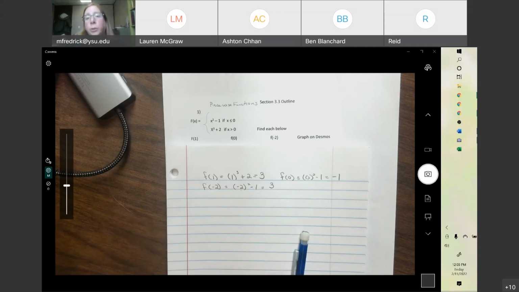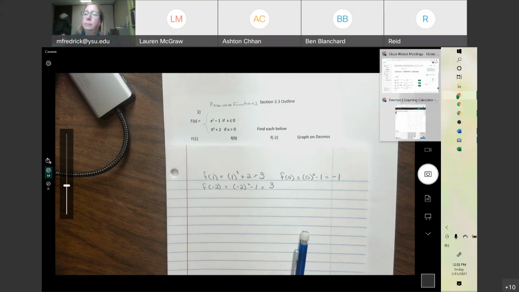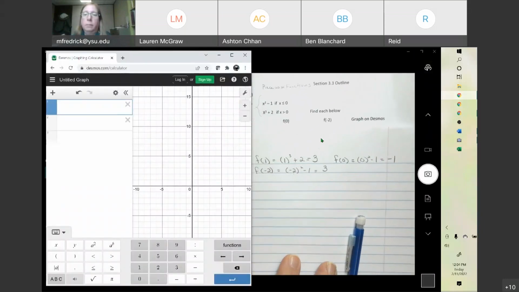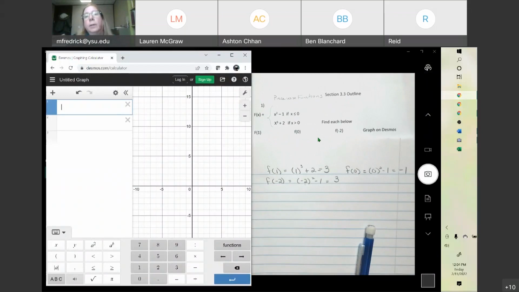Okay. To graph it on Desmos, for the inequality part, you put it in script parentheses. So first I'd put my x squared minus 1.